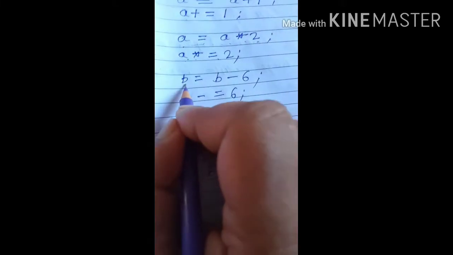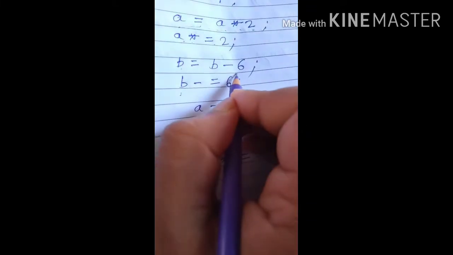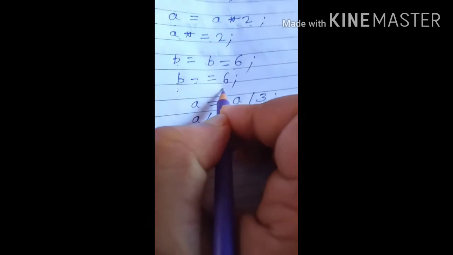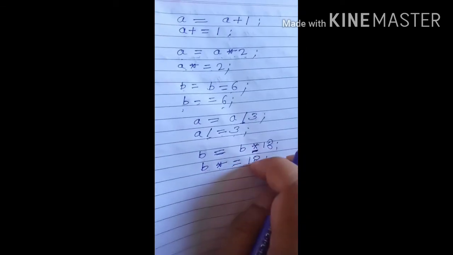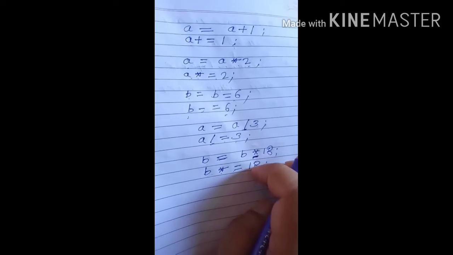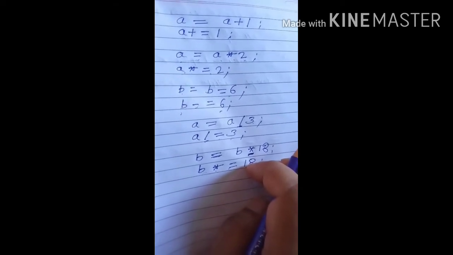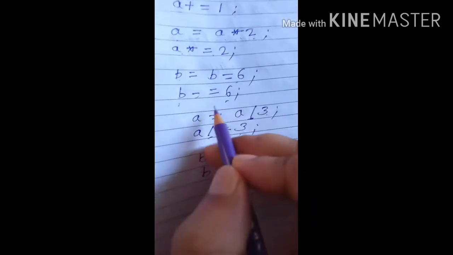Here also the operand, arithmetic operator minus equal to 6. So like this we can write all mathematical expressions as Java expressions.